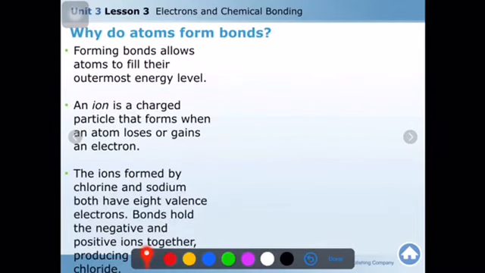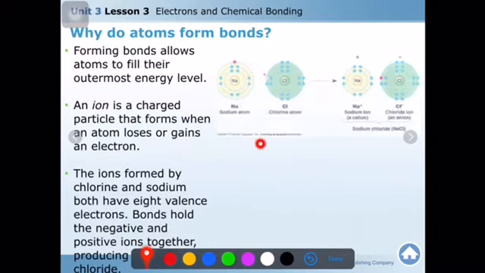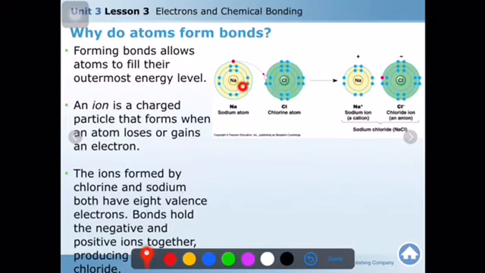Now, why do atoms form bonds? Forming bonds allows atoms to fill their outermost energy level. Look here. You see 2 elements, sodium and chlorine. The outermost energy level in sodium is not 8, but it should reach 8 electrons. But is it 8?